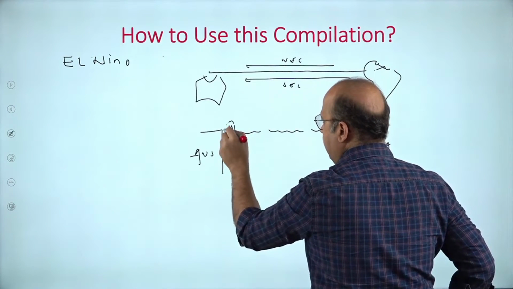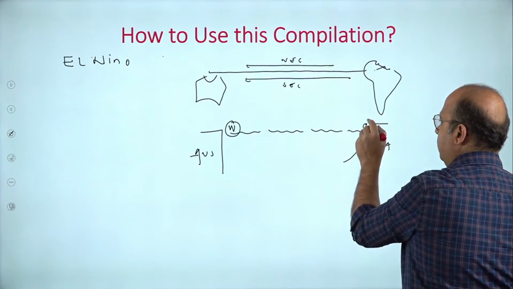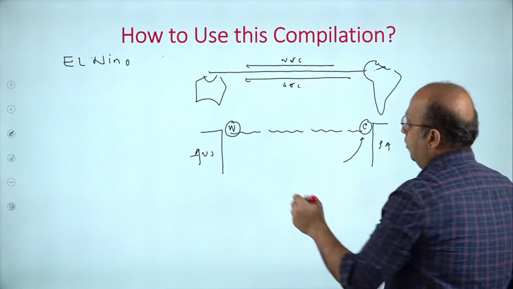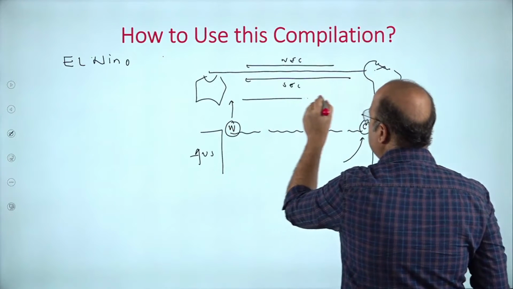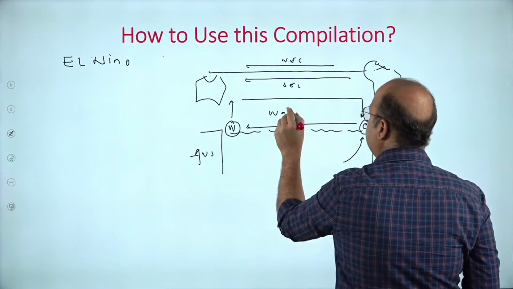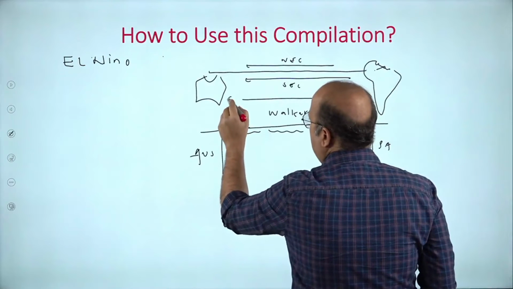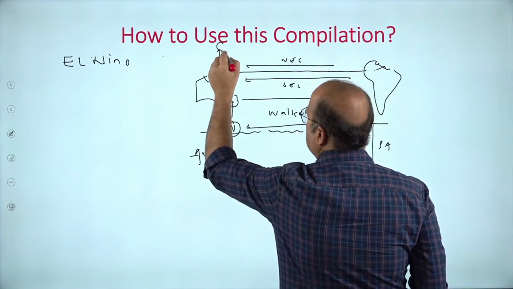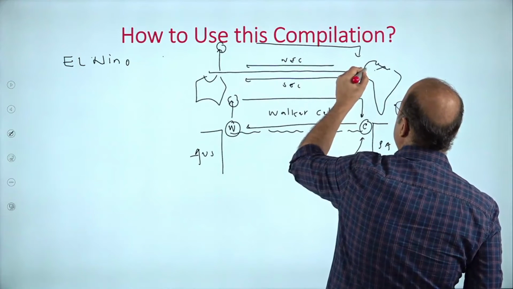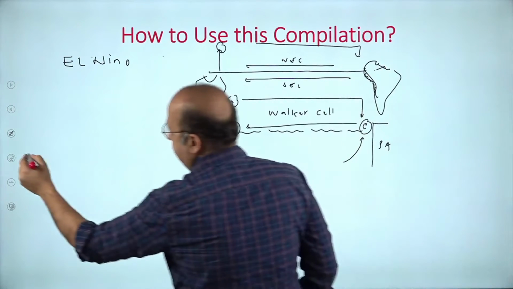The warm water collects here, and the upwelling of water from the bottom creates cold water on this side. Because of this, one atmospheric circulation starts, and this circulation is known as the Walker cell. Because of this Walker cell, cloud forms this side, and it gives rain in Australia, and it creates drought-like conditions in coastal South America.